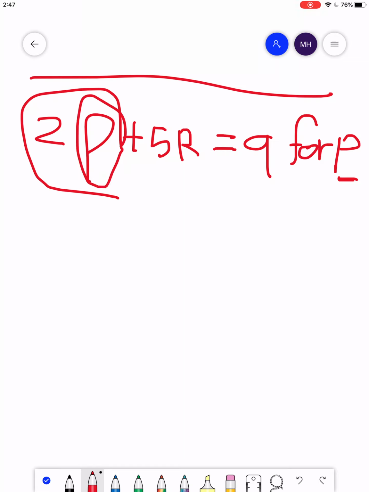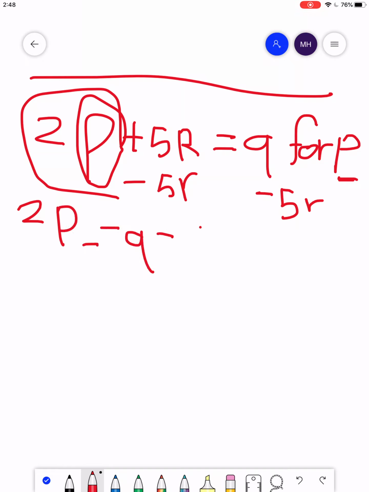First of all, I subtract 5r from both sides. We'll have then 2p equals q minus 5r.